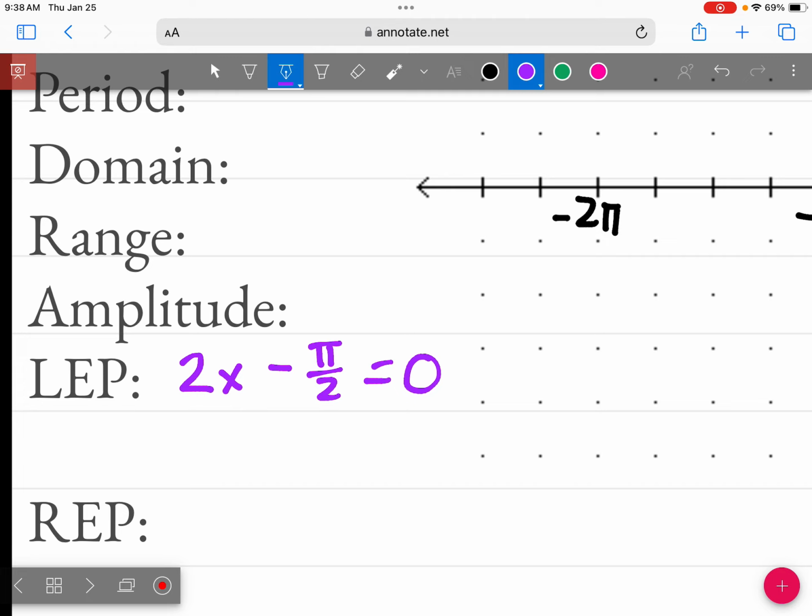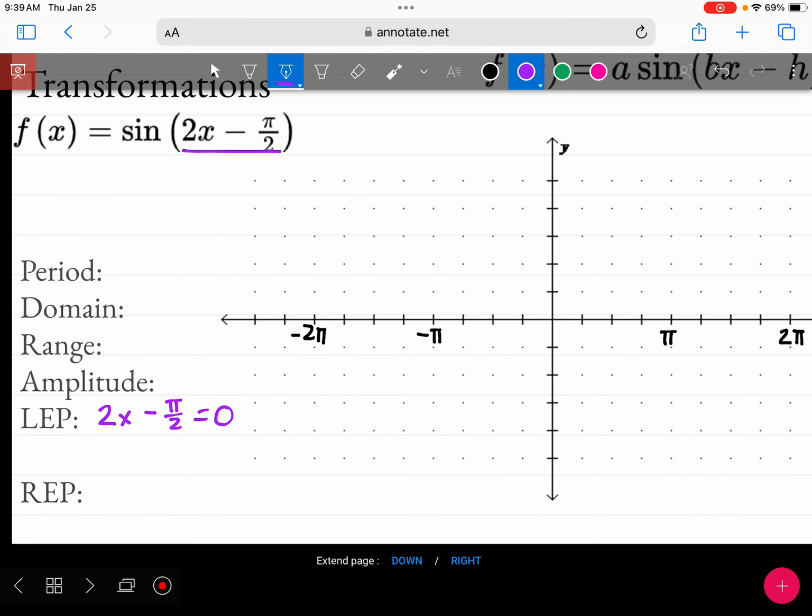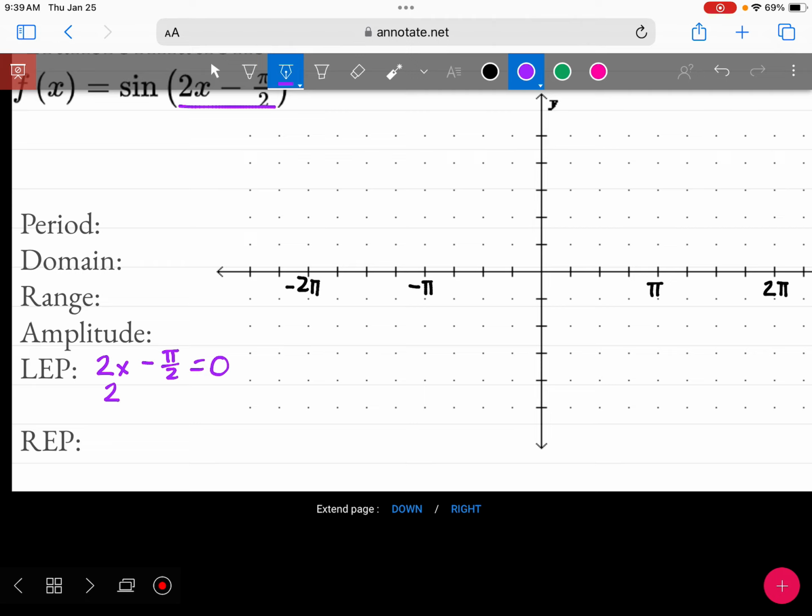How can we figure that out? Add pi over 2 to both sides. So we're going to have 2x equals pi over 2. So at what x value is this going to start? When x is what? What does x equal?